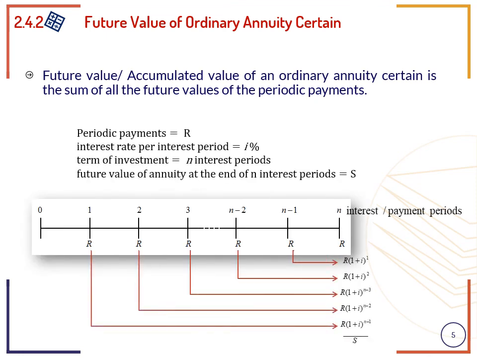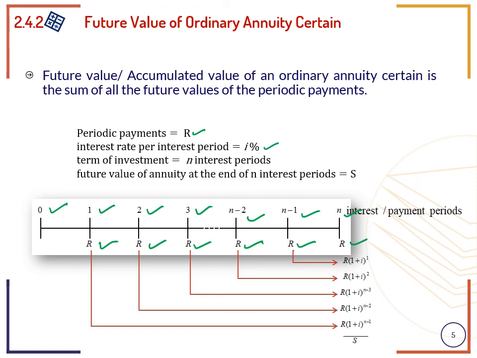Periodic payment is denoted as R. Interest rate per interest period is denoted as I%. Term of investment is denoted as N, which means the number of interest periods.